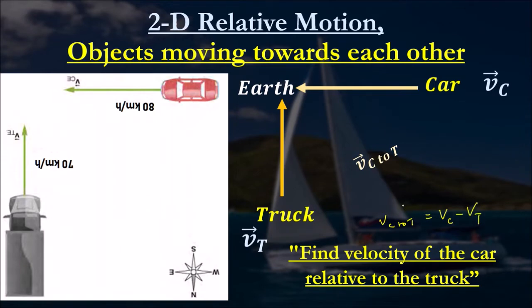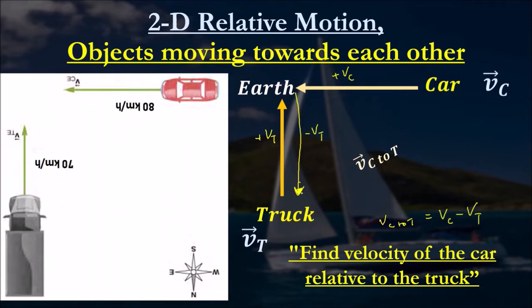So according to that formula, because this is the positive velocity of the truck and this is the positive velocity of the car, if I want to match everything together, this line here coming down this way will be negative VT.